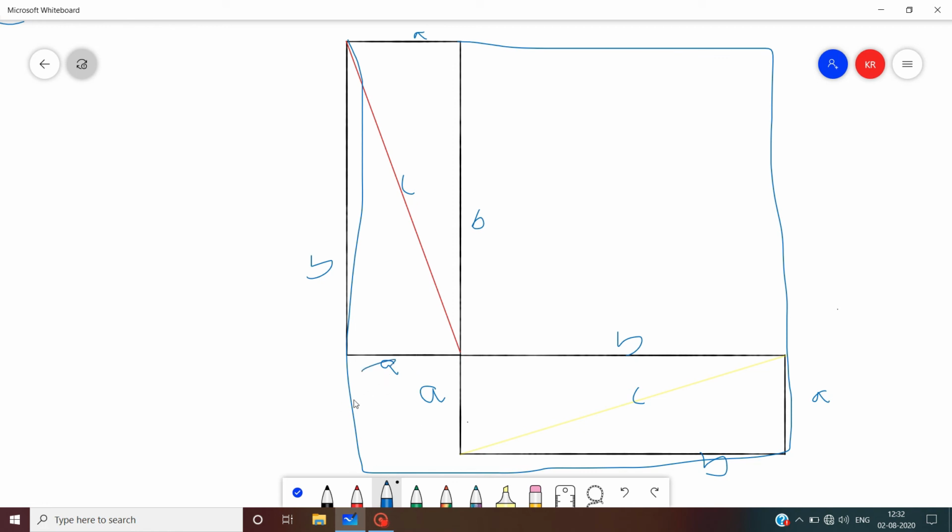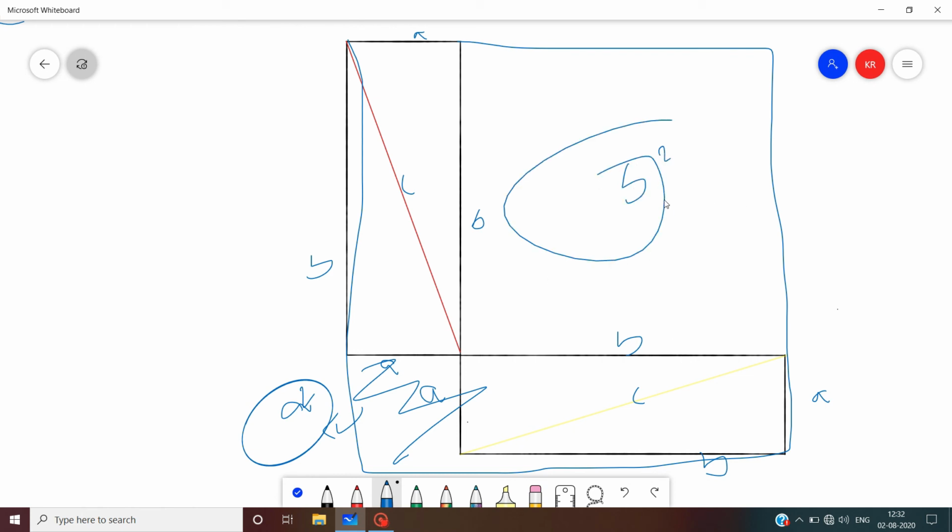So here a part is missing, so it will be a square with side length a. So the area will be a square for this small square, and this is a square with side length b. This will be b square, right? So this is the area of this one. So what is the total area of this square, right? (a plus b) whole square.